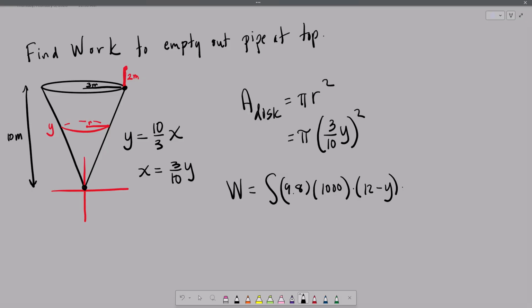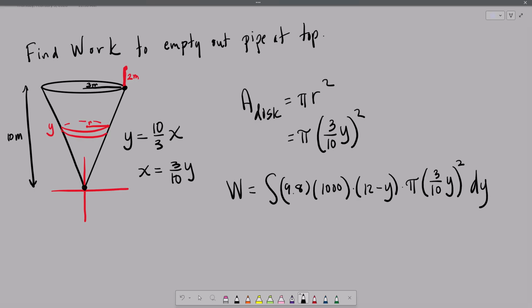Now the volume part, again, is not the volume of the vessel. It's the volume of our cross-section turned into a slice, which just means the area of the cross-section times dy. So the area of the cross-section is pi r squared, and then dy.